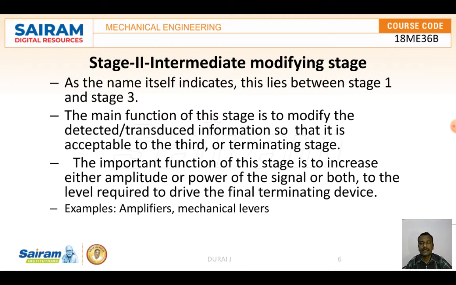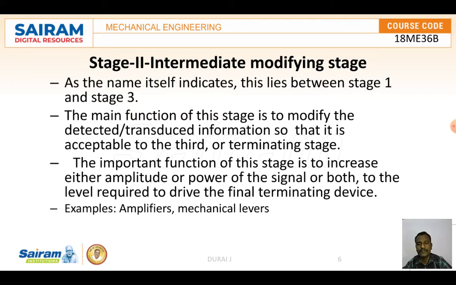Another important function of this stage is to increase either the amplitude or power of the signal, or both, to the level required to drive the final terminating devices. As I already told you in the previous slide, it magnifies the values. Even with normal scales we cannot measure 0.01 or 0.02 mm.